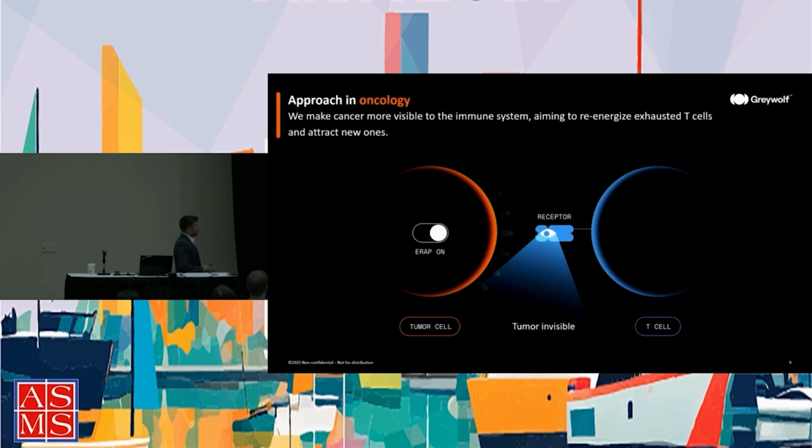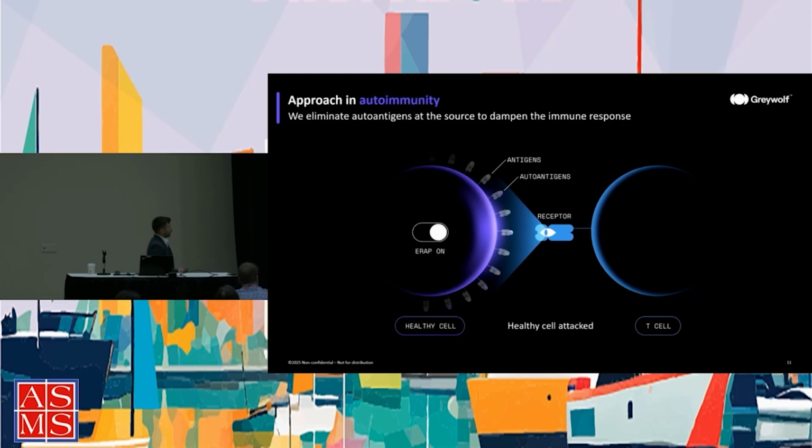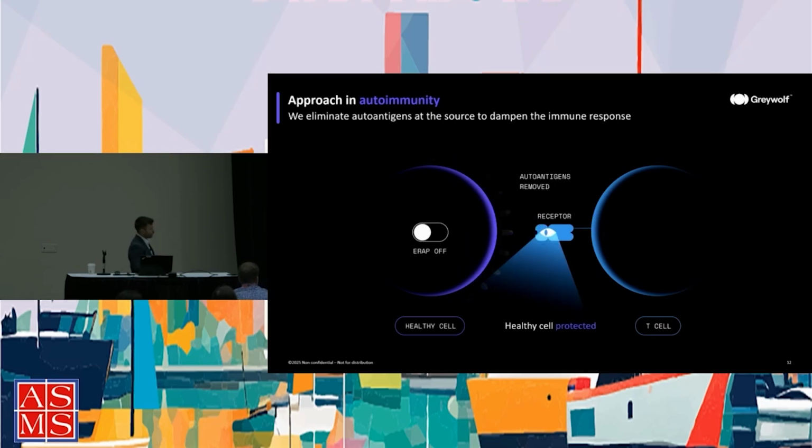ERAP1 and 2 have therapeutic applications in oncology. So in oncology, we can turn ERAP off to drive tumor visibility. So we drive the production of new neoantigens to the cell surface and increase the visibility of tumor cells. And similarly in autoimmunity, where autoimmunity is driven by misrecognition of self-autoantigens, we can turn ERAP off to stop those autoantigens making it to the cell surface.